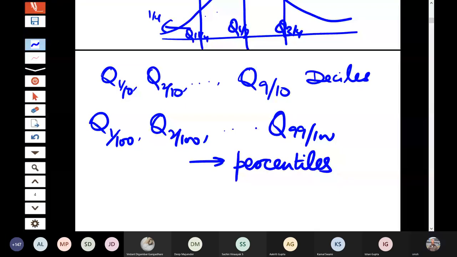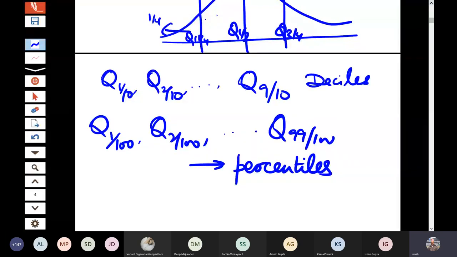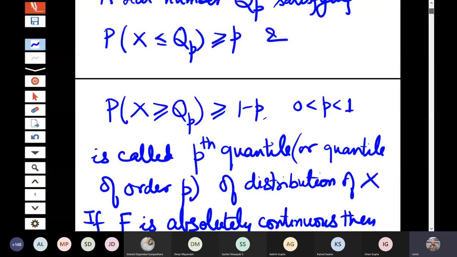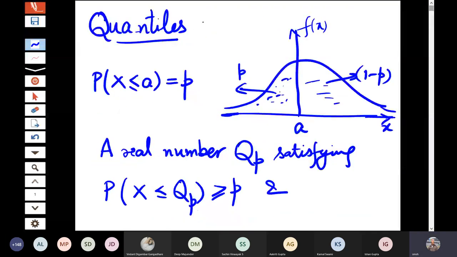However, these quantiles are giving exact locations on the distribution, which are about finding the point which divides it into certain portions. Up to this, you have this much percentage of the population. Above this, you have this much percentage of the population.